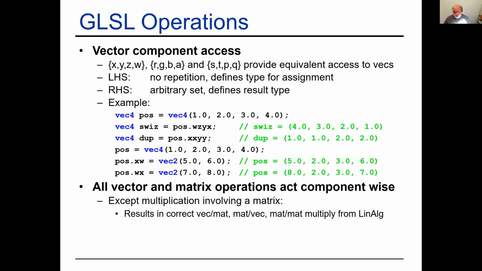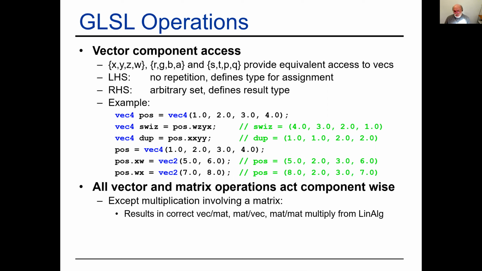And actually there are 3 types of names: X, Y, Z, W, of course, if you think of this vector as a point. Or you can index the same vector as RGBA if you think about the vector as color values. You can also index them as STPQ if you think about the vector as texture coordinates, 2D, 3D, and maybe even 4D texture coordinates.